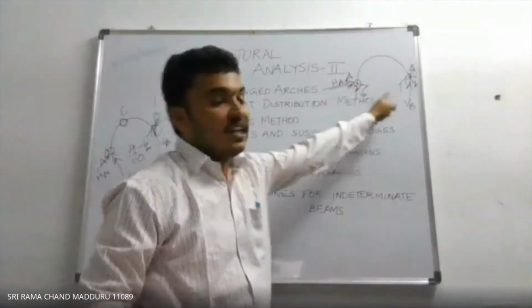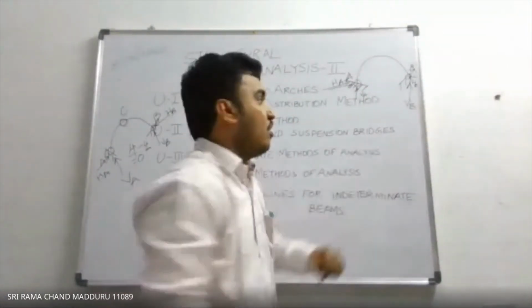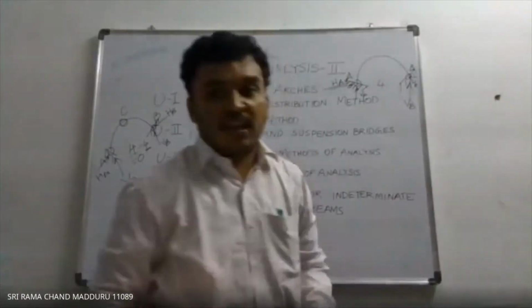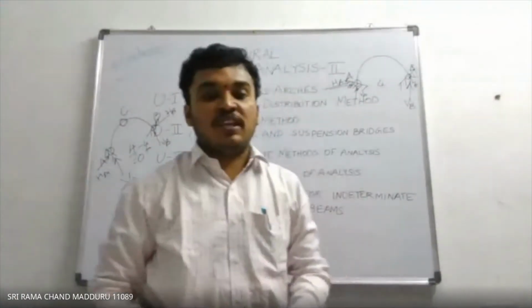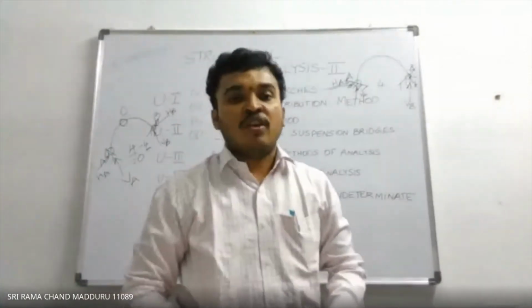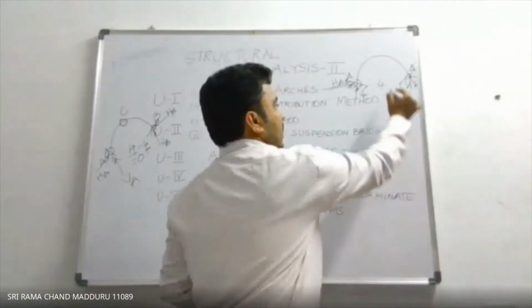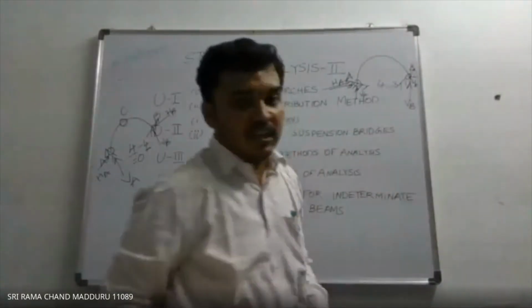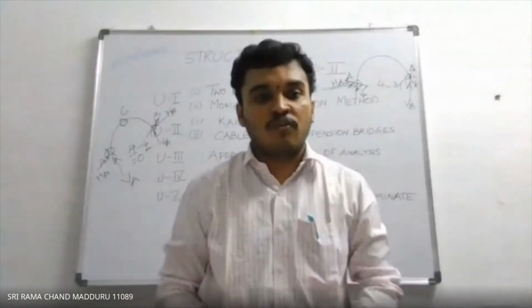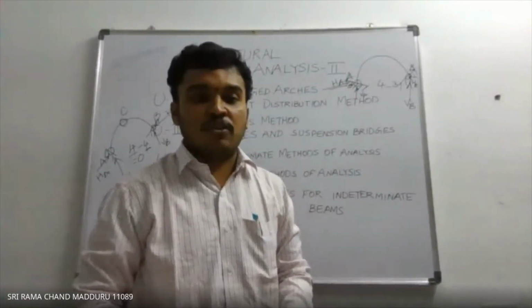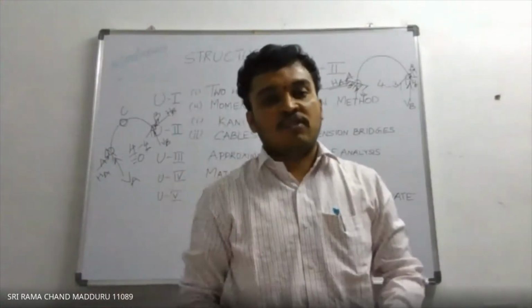Now how many unknown reactions are available here? 4 unknown reactions are available. Corresponding to these 4 unknown reactions, how many equations of equilibrium do we have? 3 equations of equilibrium only: sigma Fx is equal to 0, sigma Fy is equal to 0, moment about a point is equal to 0.